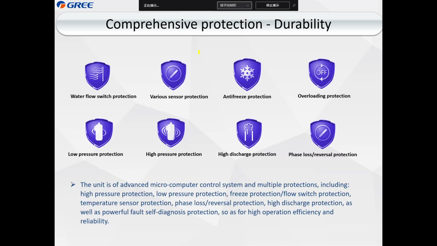And the next is comprehensive protection, durability. For this modular chiller, we have a lot of protection. For example, water flow switch protection, various sensor protection, for example short circuit and open circuit, and antifreeze protection, overloading protection, high discharge protection, high pressure protection, low pressure protection.